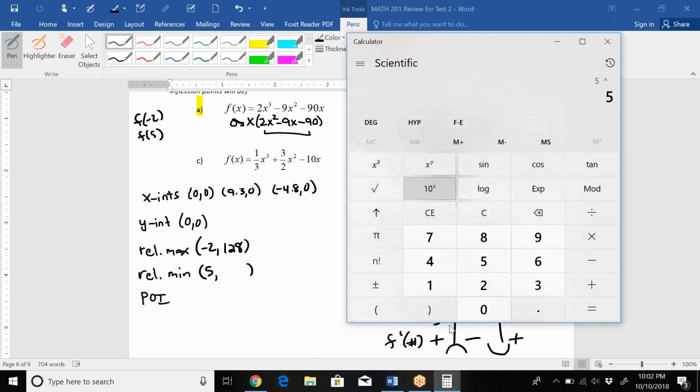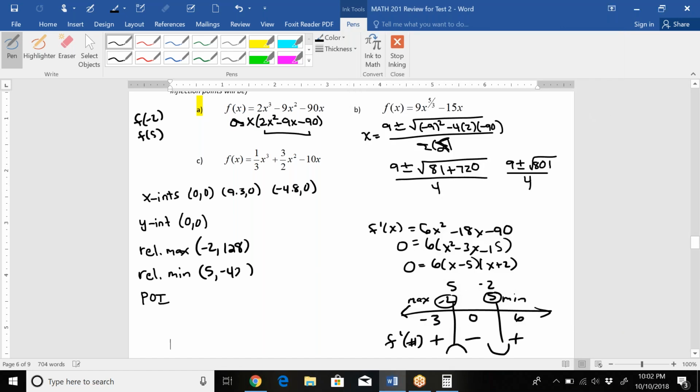So 5 cubed times 2, minus 9 times 25, because it's 5 squared, and then minus 90 times 5. So negative 425. So notice that is very negative. And then I got 425.